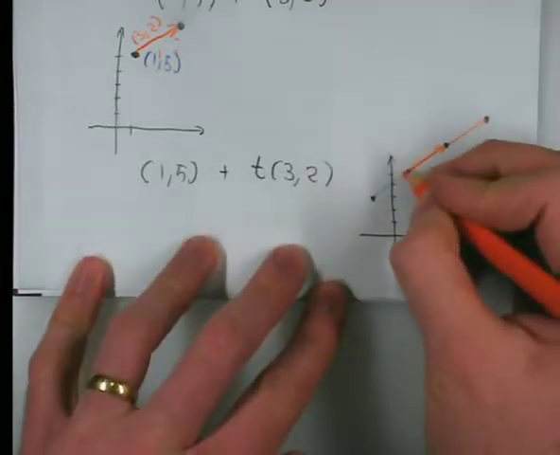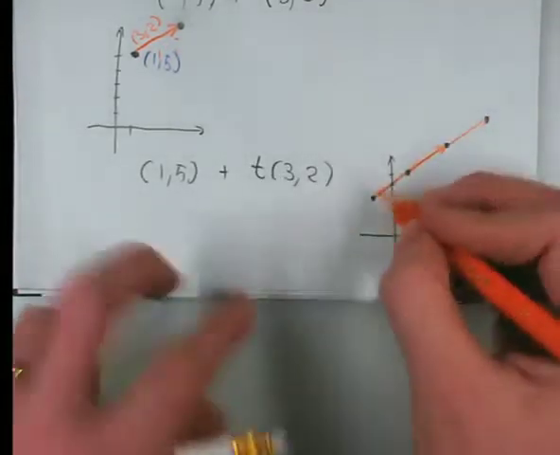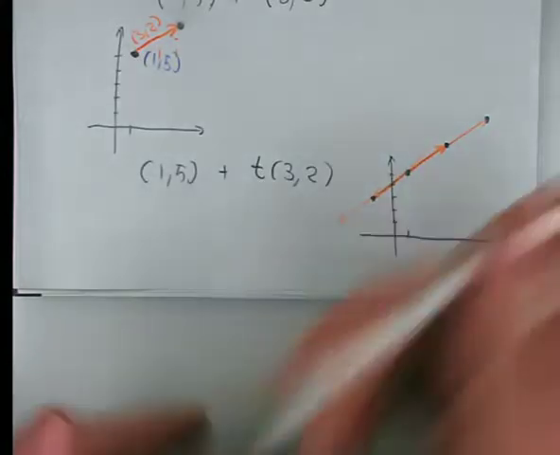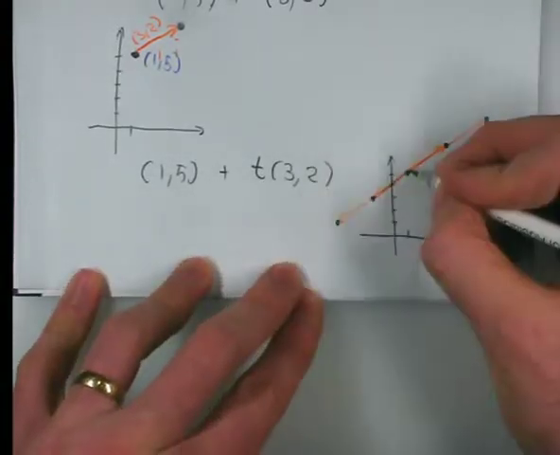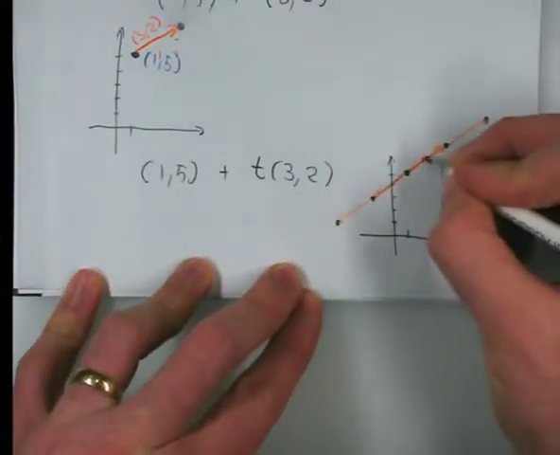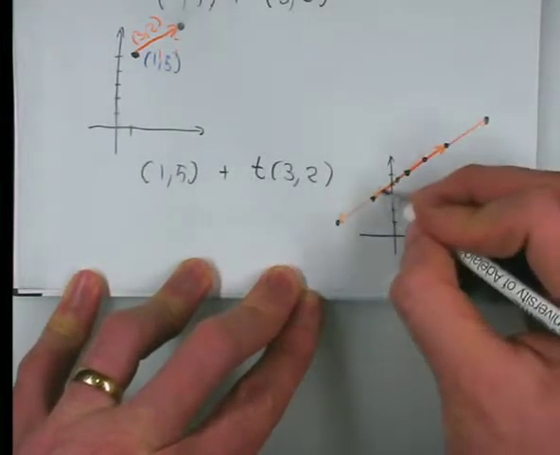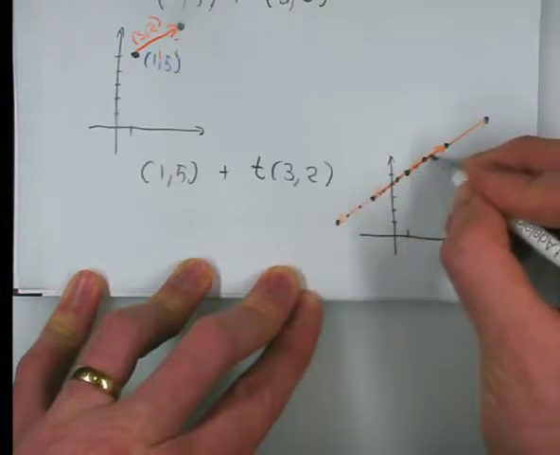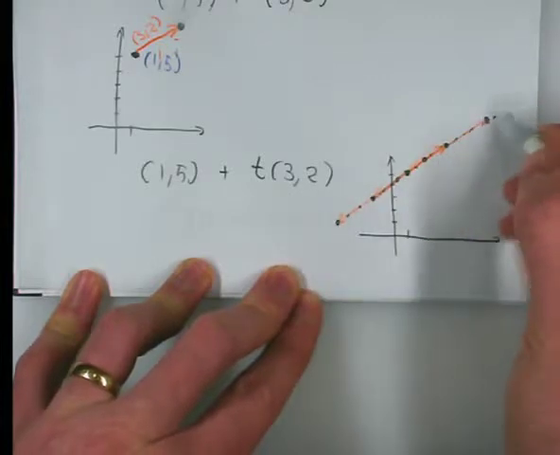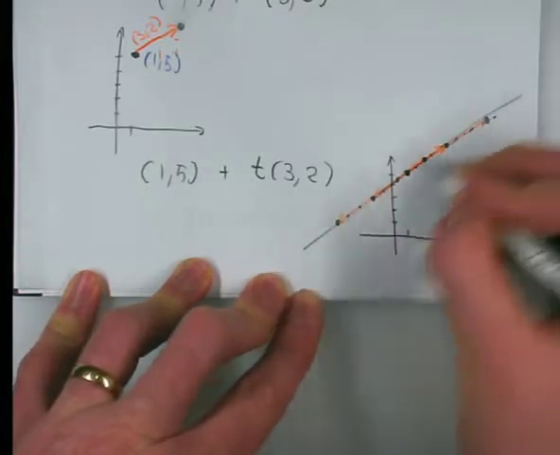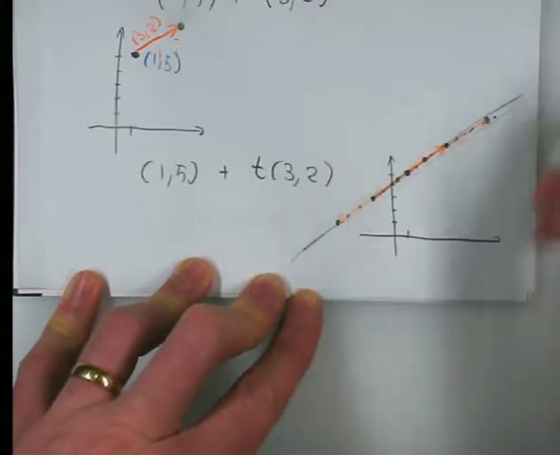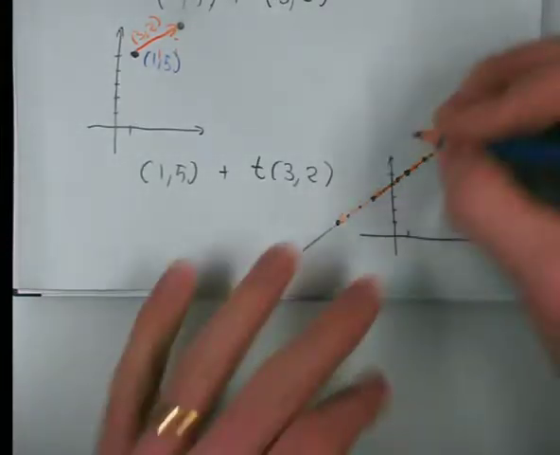And if t was minus 2, I would go in the opposite direction and go twice as far and get this point. And if t was a half, I would get this point. And if t was minus a third, I would get this point. And so if I use all the possible values of t, I will fill out a line. I'll get an entire infinite line that starts at that point 1, 5.